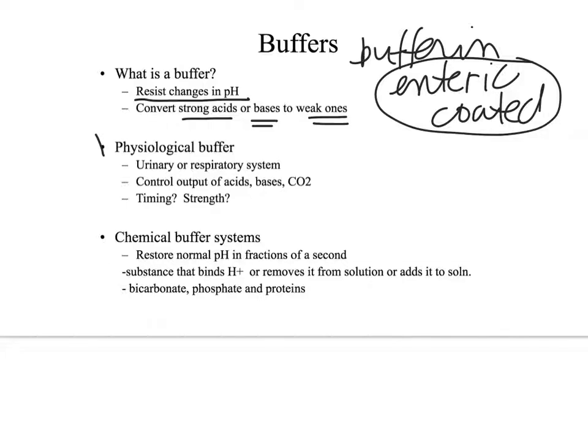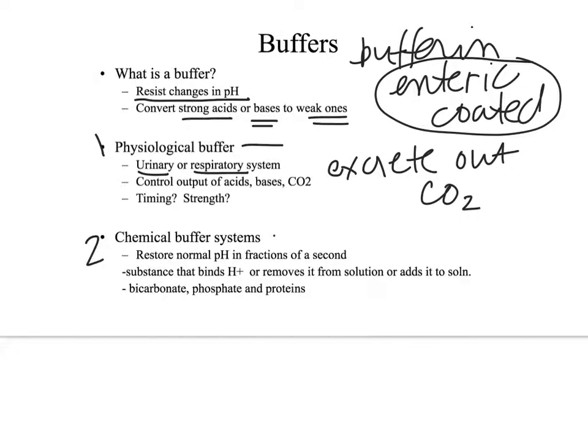Now there are two kinds of buffers in our body that we have to talk about, two broad categories. One of them is a physiological buffer, and the other is a chemical buffer. Our physiological buffers are the urinary and the respiratory systems. The reason they work so well is they are able to excrete carbon dioxide, which you'll see the relationship between carbon dioxide and hydrogen ions soon, or excrete hydrogen ions.